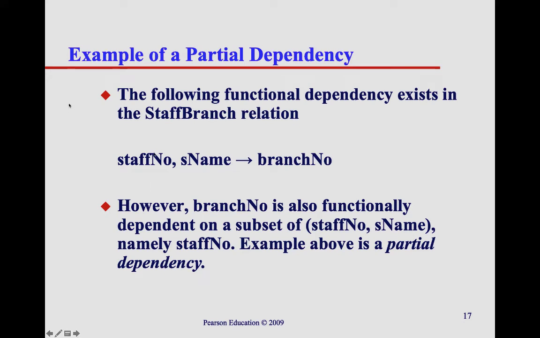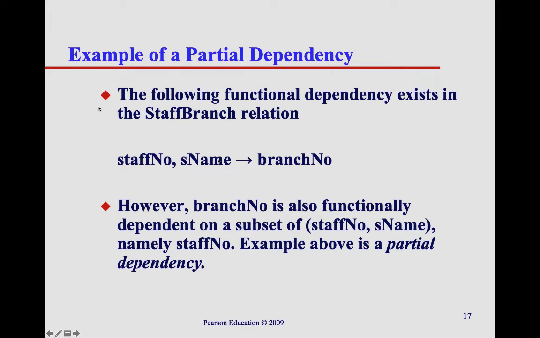So here, staff number and staff name determine a branch number, and that is true, but it is a partial dependency because staff name is unnecessary. By itself, staff number determines branch number. So the dependency staff number determines branch number is a full functional dependency. This one that you see here is a partial functional dependency because staff name is unnecessary.